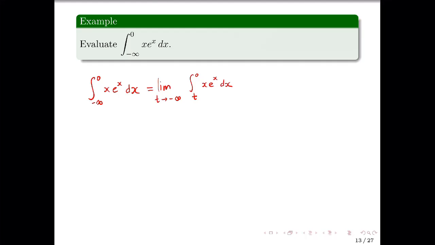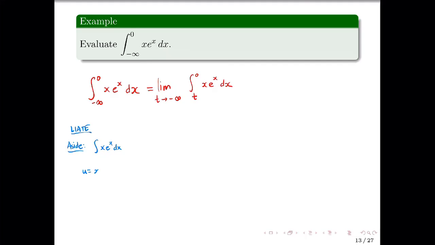Let us look at this integral here. In fact, let us look at the indefinite integral first. Let us solve the integral of x e to the x dx. This is simply integration by parts. Remember LIATE: we have algebraic here and exponential here.